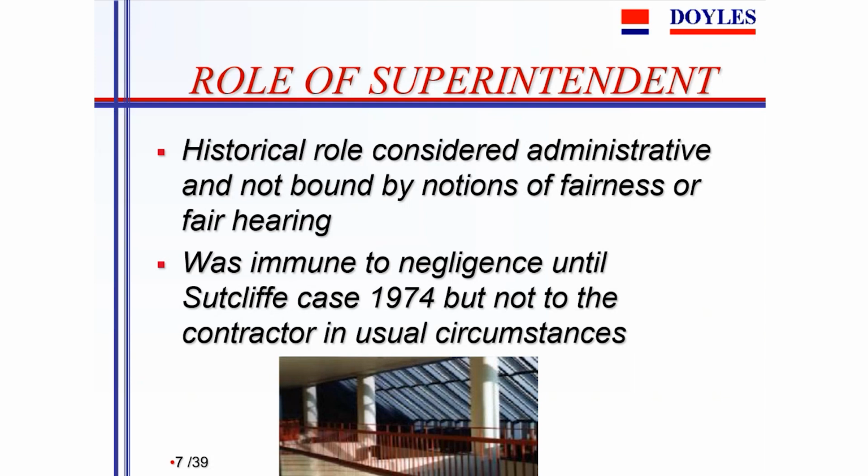They were usually a consultant employed by the principal, but they usually decided matters of variations, extensions of time, and defect rectification in a reasonably competent and impartial way. The employer was always responsible for the superintendent, and therefore if the superintendent made a bad mistake, you could take him to arbitration and have a claim in respect of it.